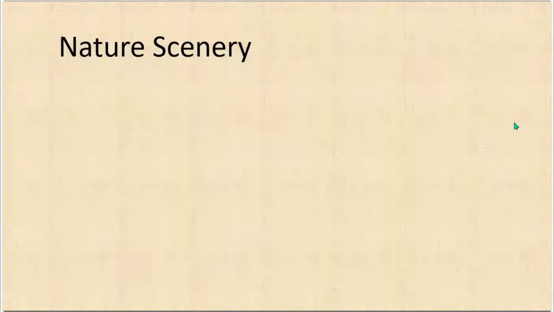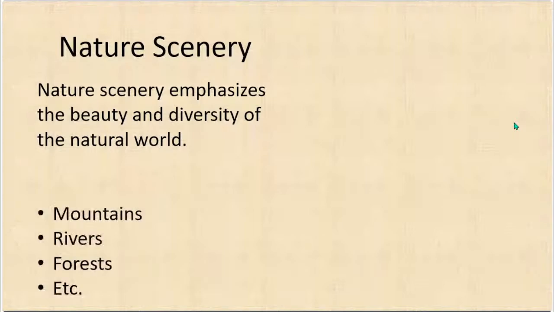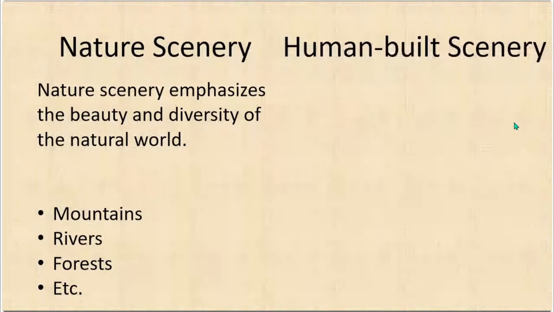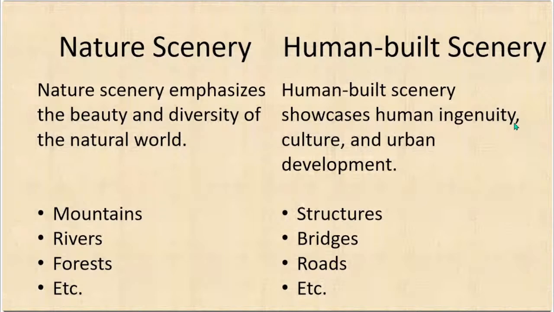There's the nature scenery, which emphasizes the beauty and diversity of the natural world, such as mountains, rivers, forests, etc. And then there's the human-built scenery. Human-built scenery showcases human ingenuity, culture, and urban development, such as structures, bridges, roads, etc.